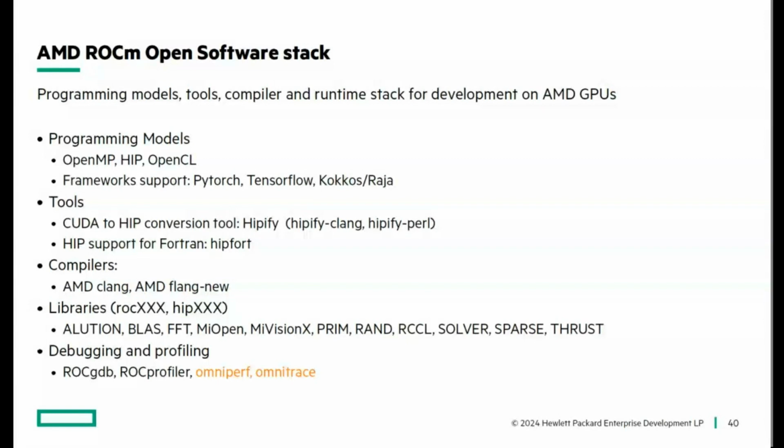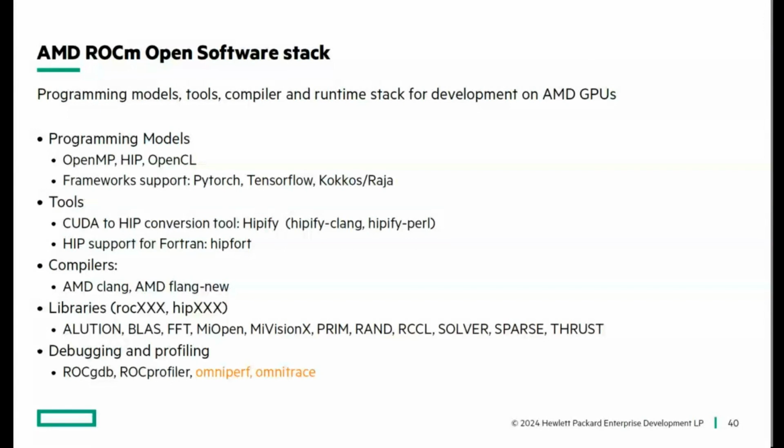There are the low-level AMD compilers. There are also libraries, a range of them, with names that don't necessarily tell you what they do. I think rocSPARSE is sparse linear algebra. BLAS is dense linear algebra. There are FFTs. Prim, I think, is sorting, scans, that kind of thing. There are random numbers.